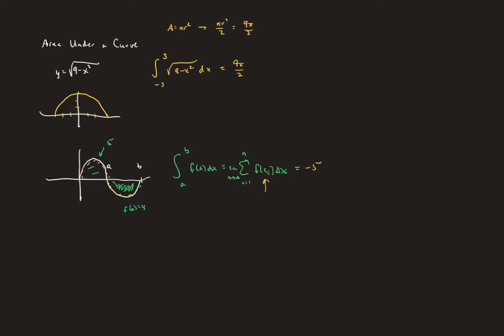Now, by the same token, if what we wanted to know was really the area, and we wanted to know the true area between, say, f and the x-axis from x equals 0 to x equals b, then we could do this one of two ways.